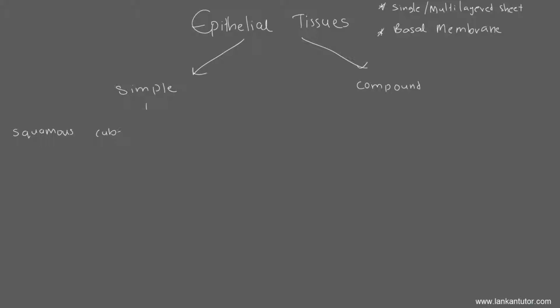The simple epithelium can be divided into squamous epithelium, cuboidal epithelium, columnar epithelium, and pseudo-stratified epithelium. And the compound epithelium is stratified and transitional. You're going to wonder why the pseudo-stratified is a simple epithelium and why the stratified is a compound epithelium. Don't worry about that. We'll get into it during the description.